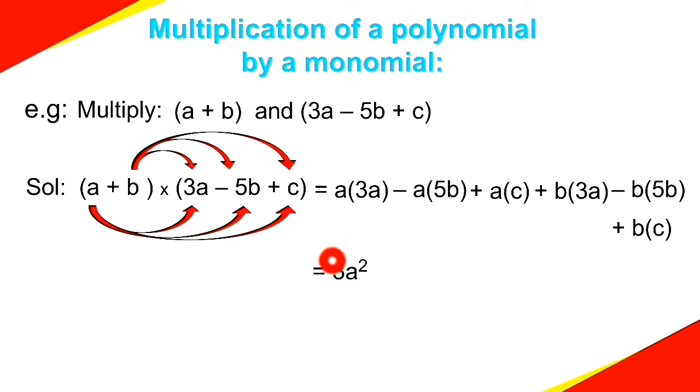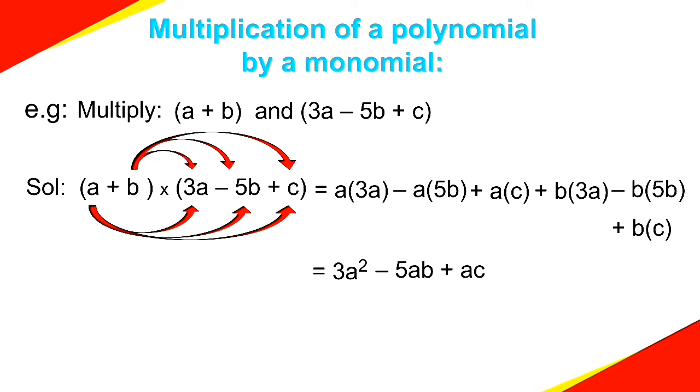Now we are going to simplify. 3, the constant term, as it is. Here a power 1, here also a power 1. So we get a power 2. The next one is minus 5, and both are different variables, so ab stays as it is. The next one also has different variables, so ac.